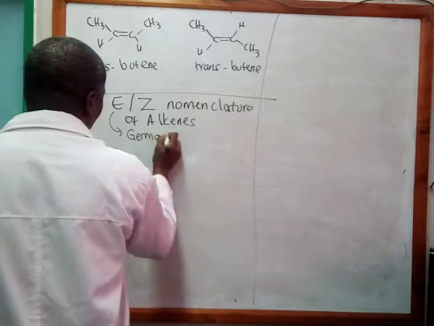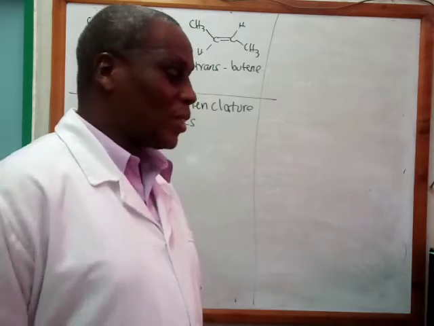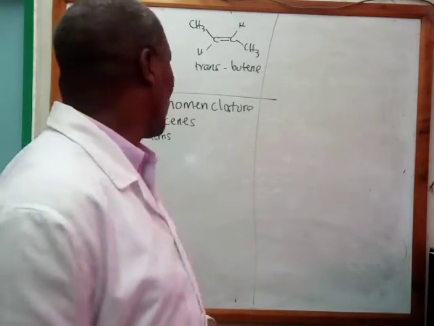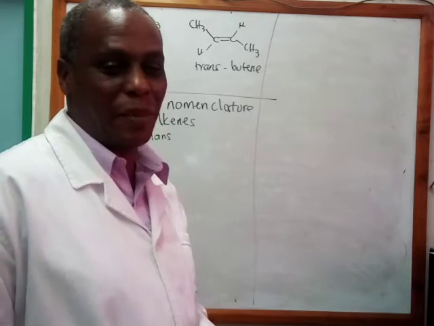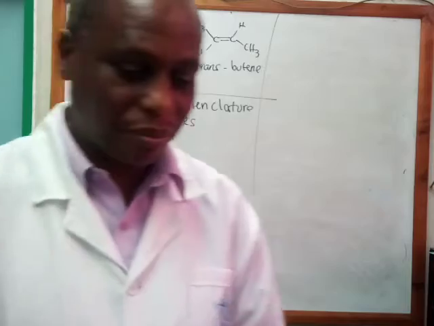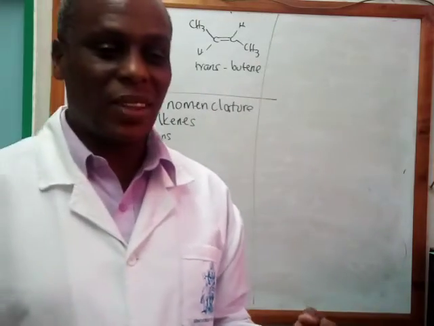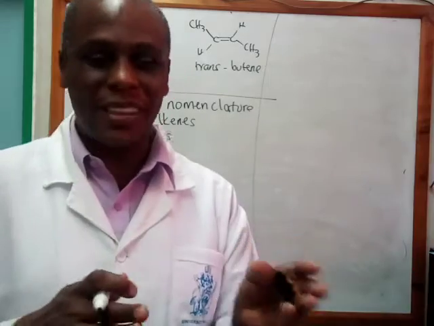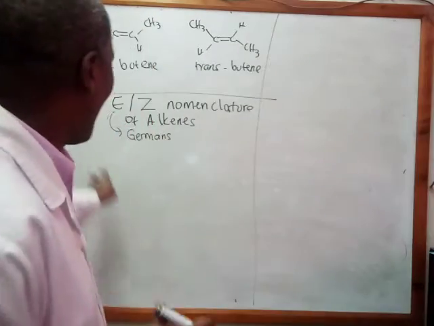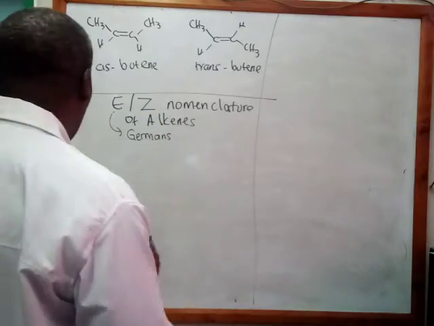They are the ones who came up with this, and the actual full names for the E and the Z are in German, but they sound like this: Entgegen for the E means across, as opposed to Z, which is zusammen. But I'll come to that one.